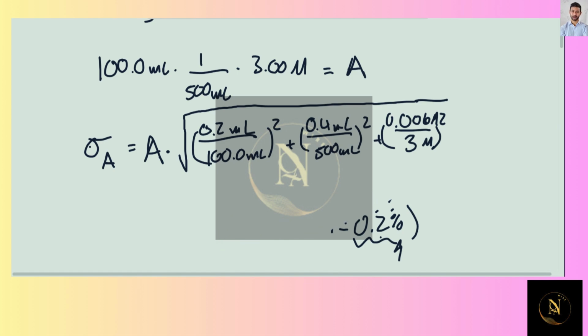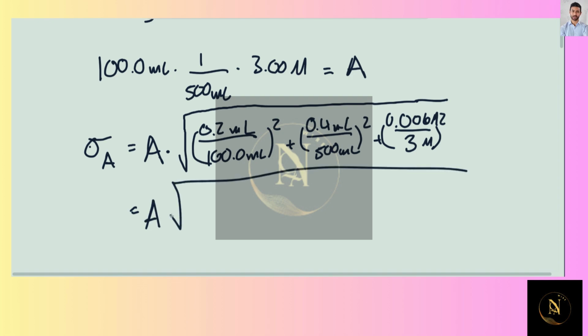Now we should be able to calculate each of these fractions squared. First, we have 0.2 over 100, all squared. I get 0.00004.